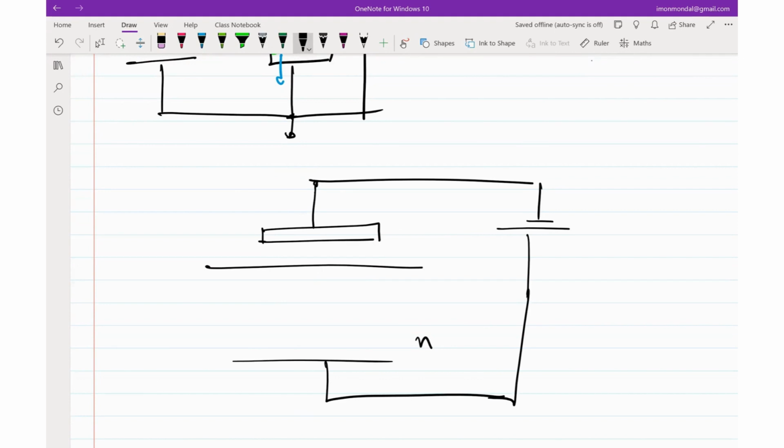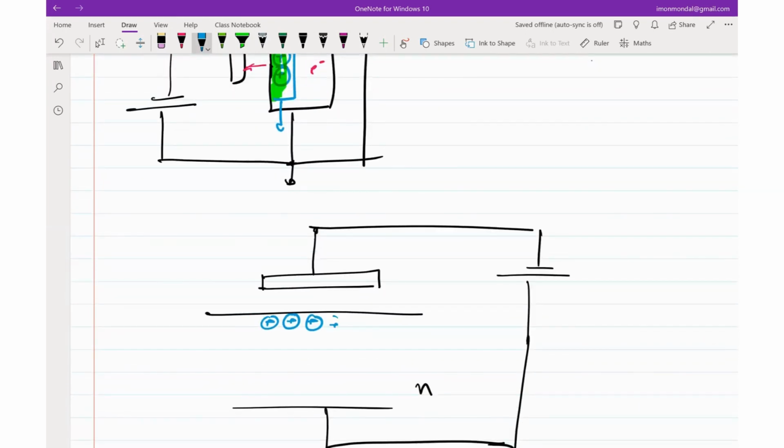Now if we apply a sufficient electric field, putting any voltage will not work, let's say some critical voltage that gives us some critical electric field, which helps in uncovering this region just under the surface.